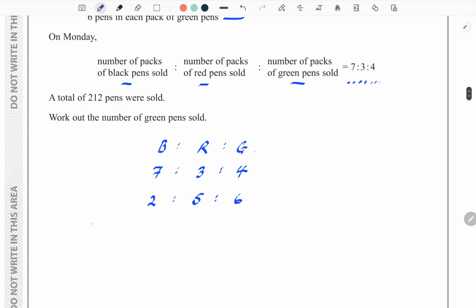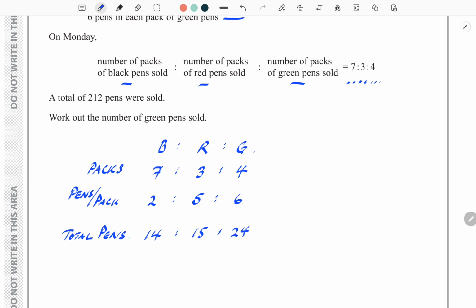So therefore the total number of pens, I better just make this clear. Packs, pens per pack, and so therefore total pens, okay, with the black it's just 7 times 2, 14, and with the red 15, and the green is going to be 24.